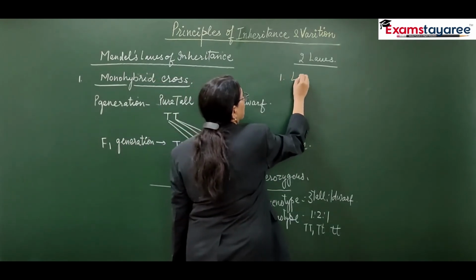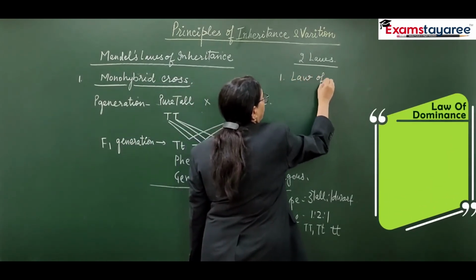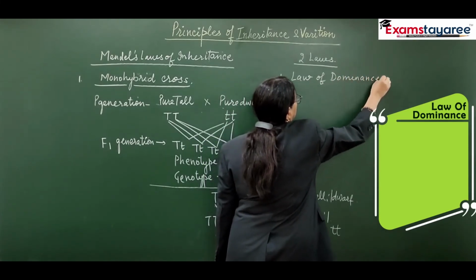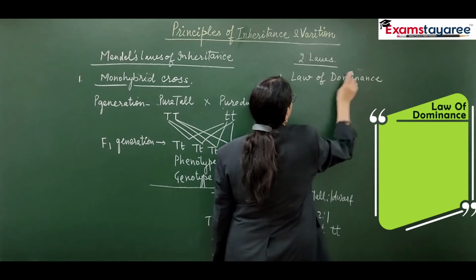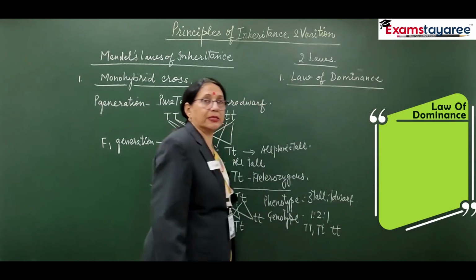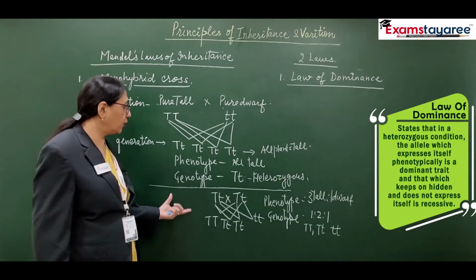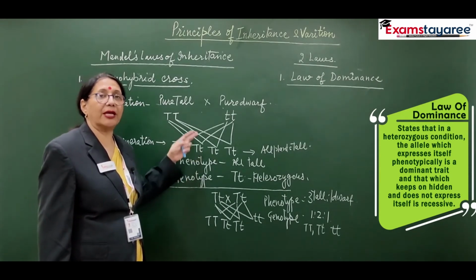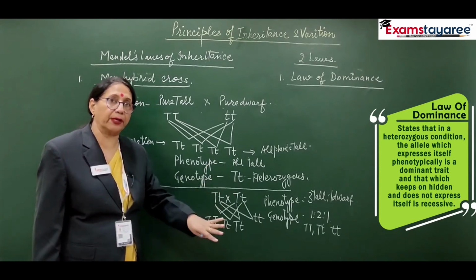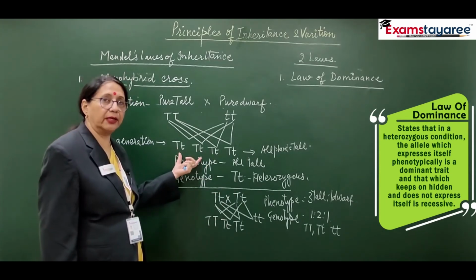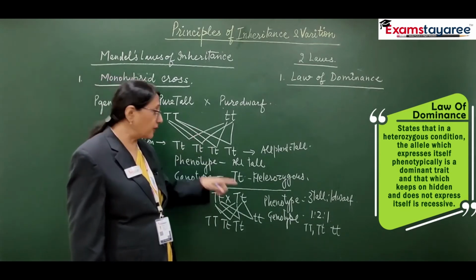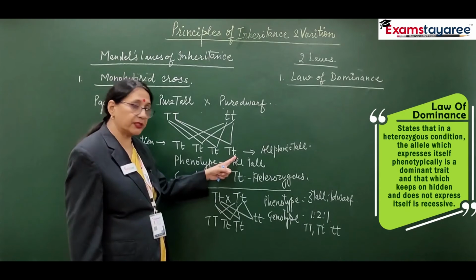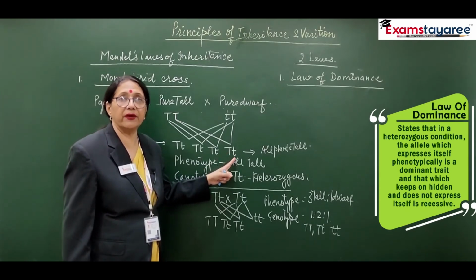First is known as law of dominance, which states that in a heterozygous condition, the character which expresses itself phenotypically is a dominant character, and the one which is hidden and does not express itself is a recessive character.